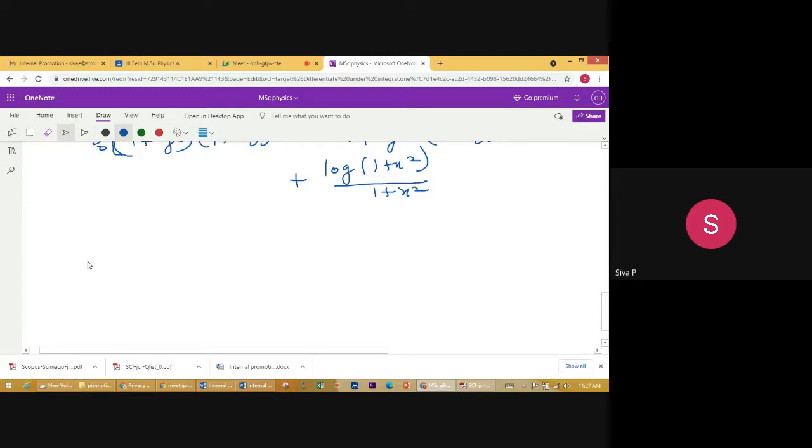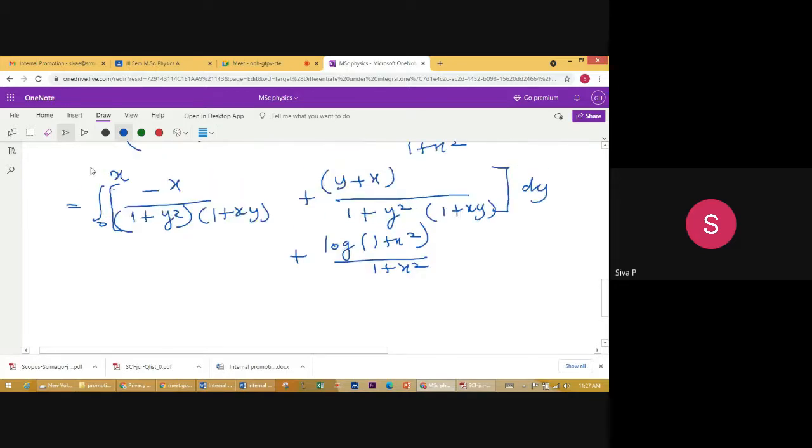Taking the partial fraction of this first one, how to integrate this?